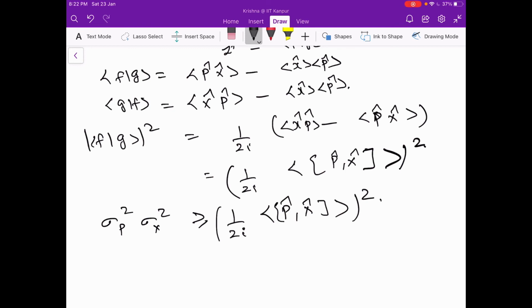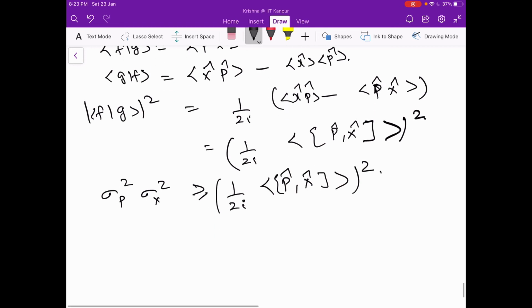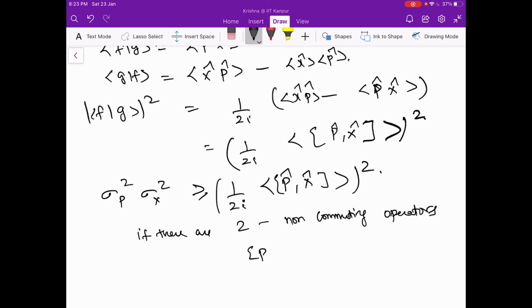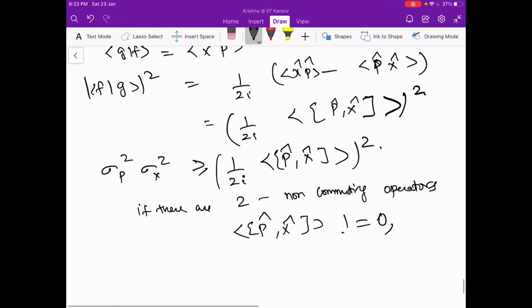And it can be seen that if you have two non-commuting operators, by that I mean that the expectation value of the commutator is not equal to 0, then the variance in their measurements are related.